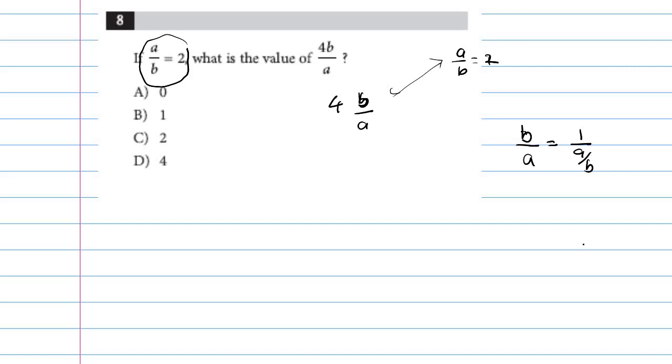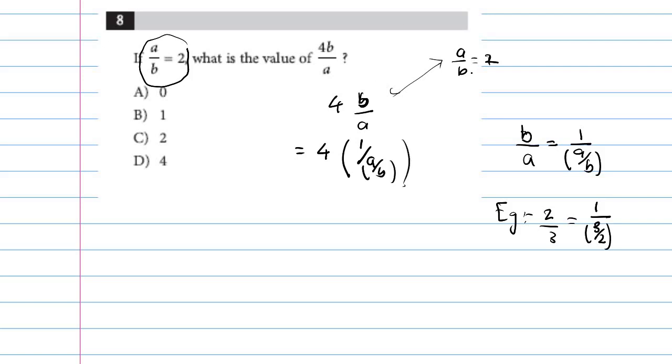For example, if you have 2 over 3, this is the same thing as 1 over 3 over 2. So using that fact, you have 4 times 1 over a over b. We know that a over b is 2, so 4 times 1 over 2 is 2, right? So this is your answer. So C is your answer.